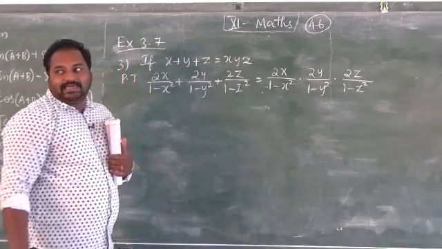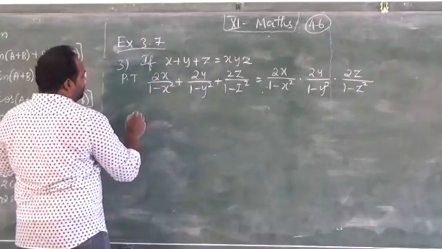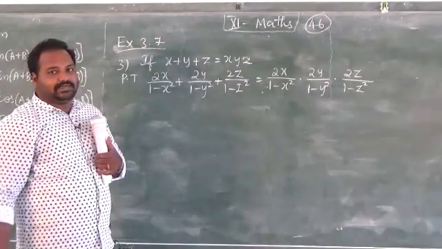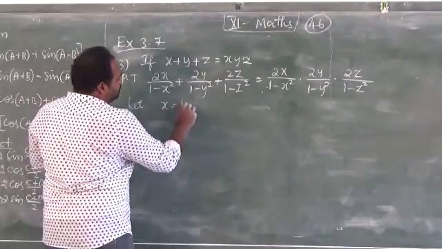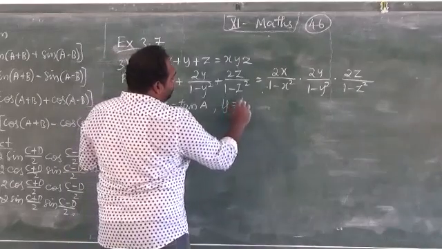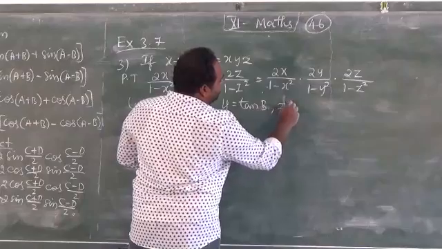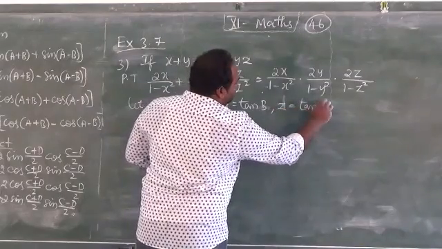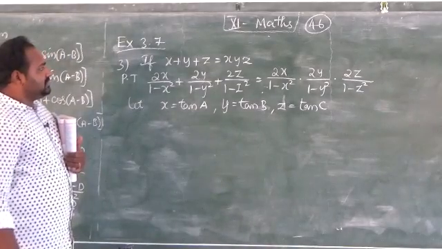So here I am going to take some condition from the book. I am going to substitute some values for x, y and z. Let me assume x equal to tan A, y equal to tan B and z equal to tan C. This assumption I am going to take to solve this problem.